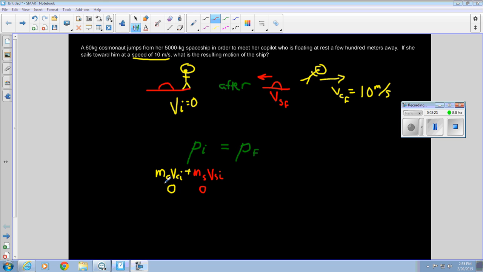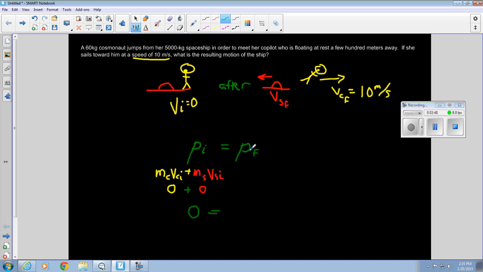And here it is written out. Velocity is 0, so that's 0. Velocity here is 0, so that's 0. So we have an initial momentum on this side of 0, total 0, equal to... Now we need to figure out the velocity of the spaceship final, because we know the velocity of the cosmonaut.